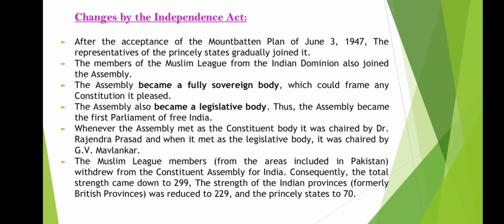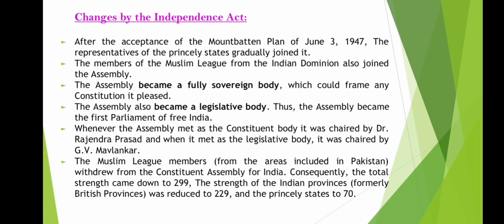Therefore, the total strength of the Constituent Assembly came down to 299, and the strength of Indian provinces, previously known as British provinces, was reduced to 229, and seats of princely states was reduced to 70.